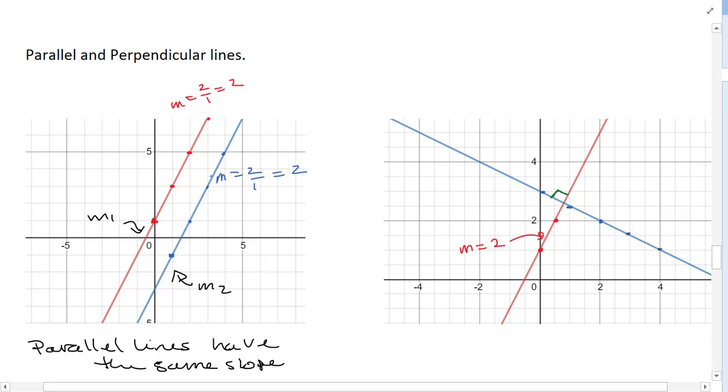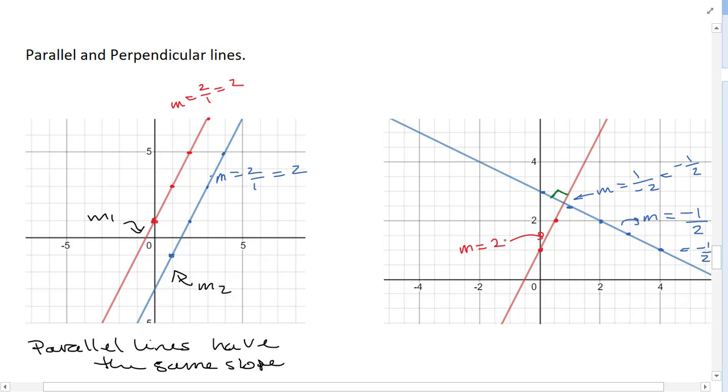So we're going down 1, so -1, and to the right 2. So the slope is -1/2. Or the other way, I did it as up 1 and to the left 2, so the slope is up 1, positive, but to the left 2, so -2. Notice that either way, we get that the slope is -1/2.